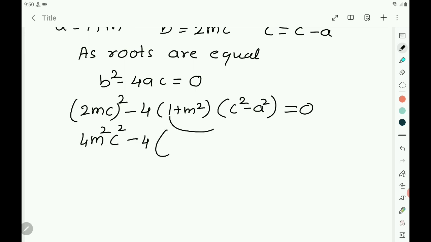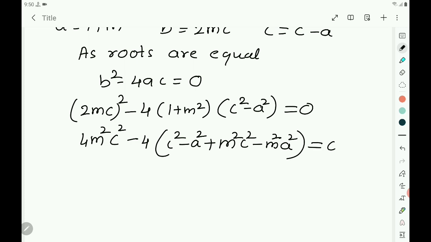Multiply this. 1 into c² is c². 1 into −a² is −a². m² into c² is m²c², plus m² into −a² is −m²a², equals 0.